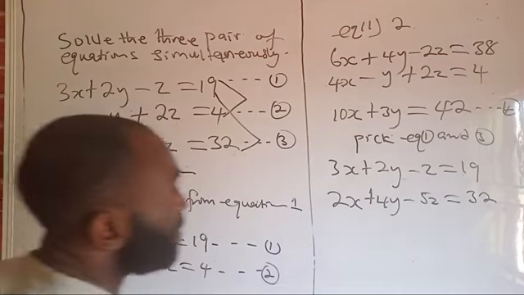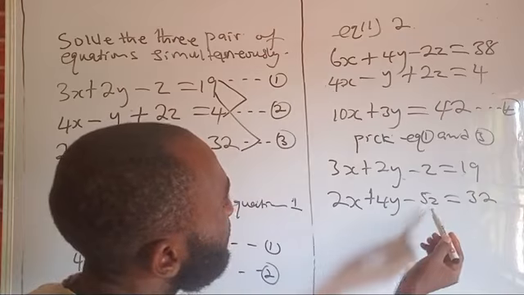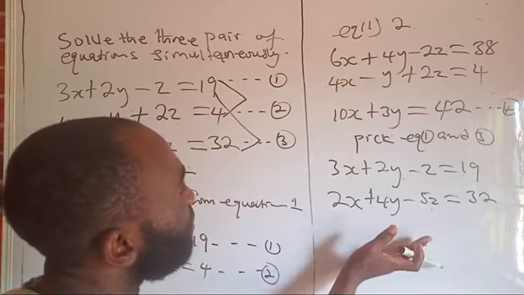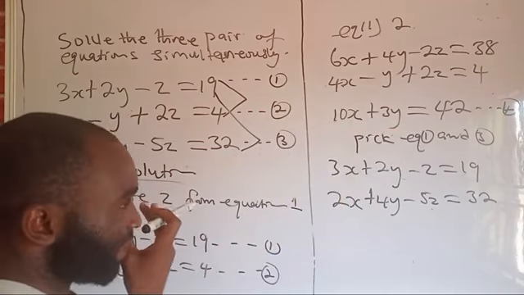With that, we still eliminate z so that we can combine the two equations to find x and y.